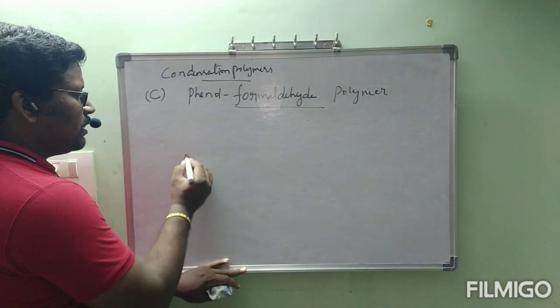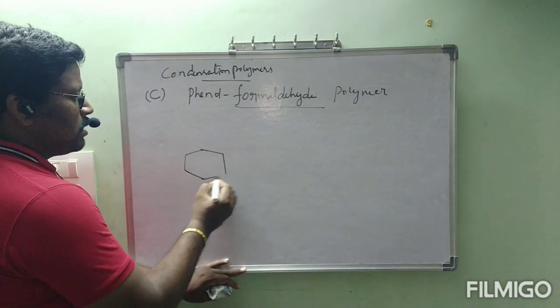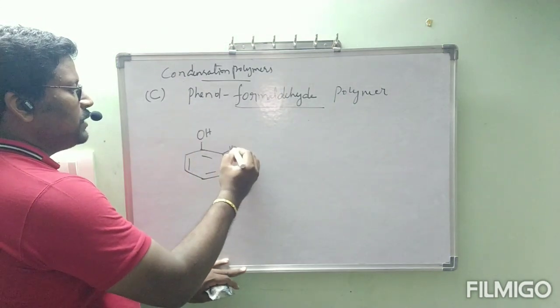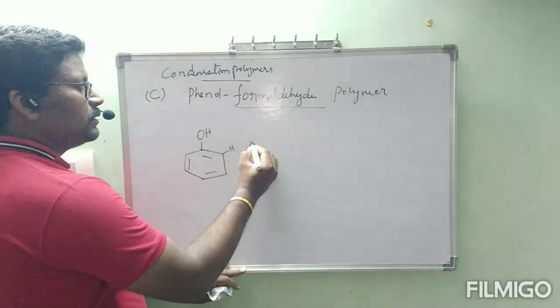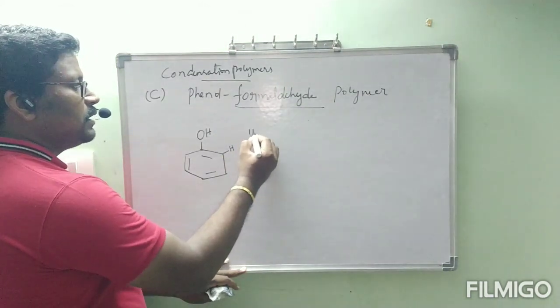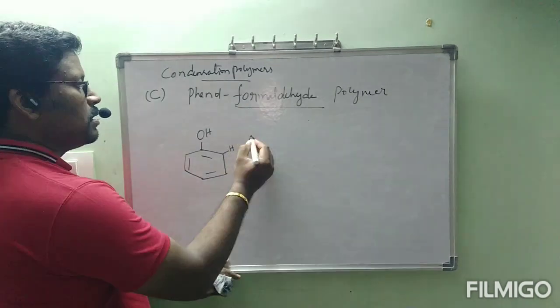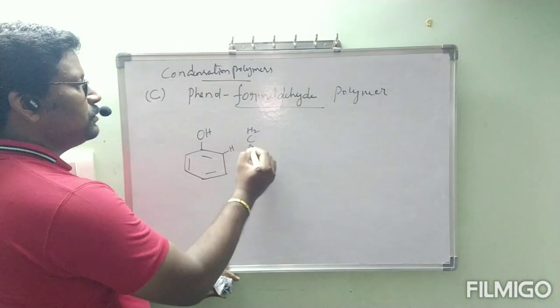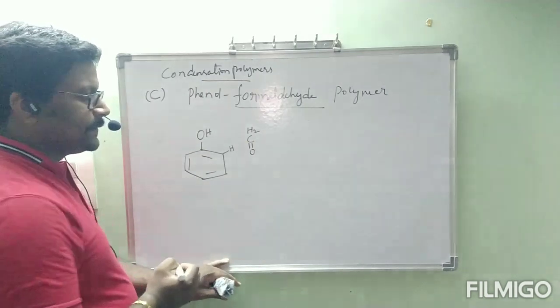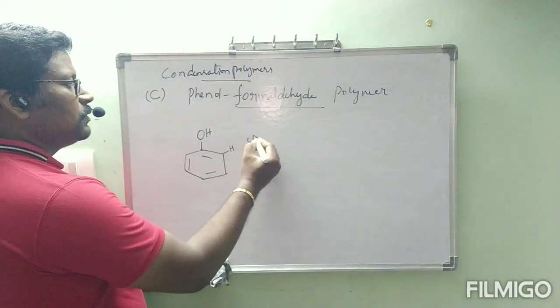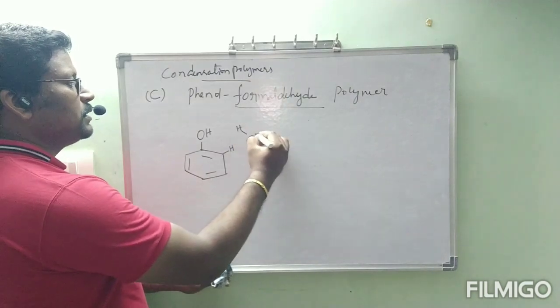I wrote phenol with hydrogen here. Next, CH2 double bond O, that is HCHO, only formaldehyde.